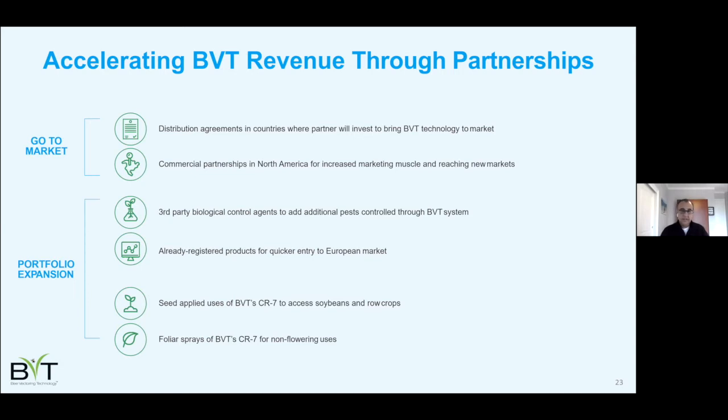And then we're also looking at adjacent markets like seed apply technologies or foliar sprays. And these are all active discussions that are going on.